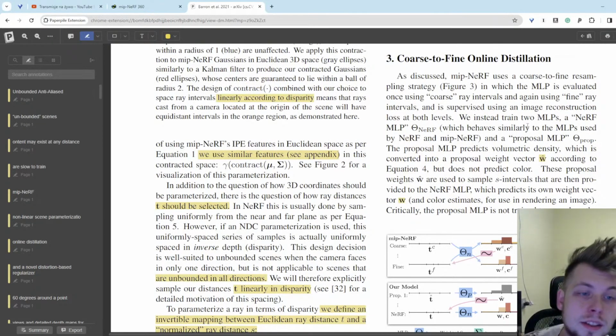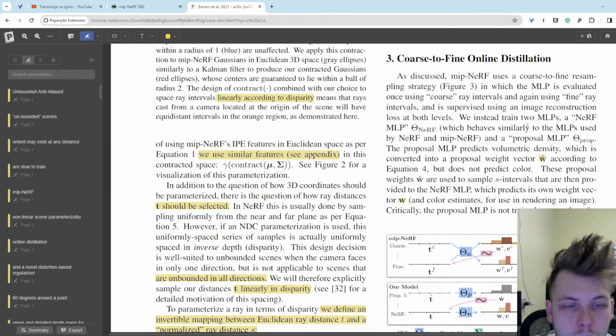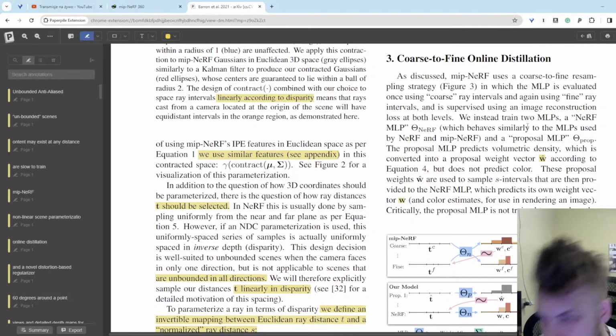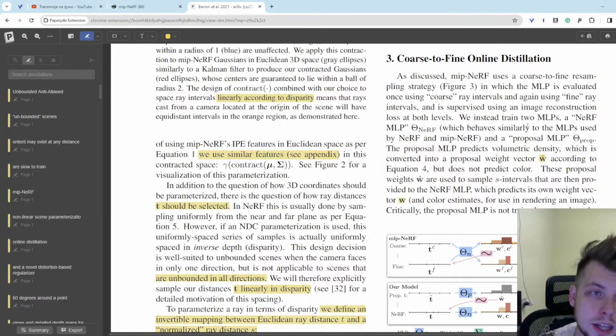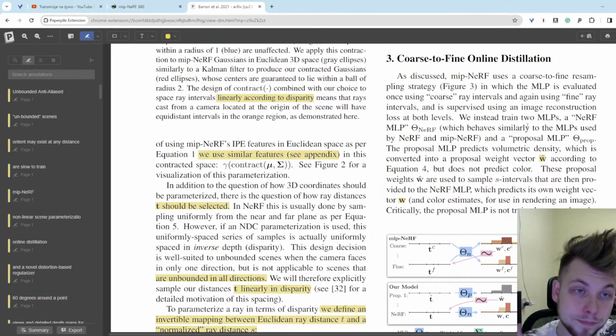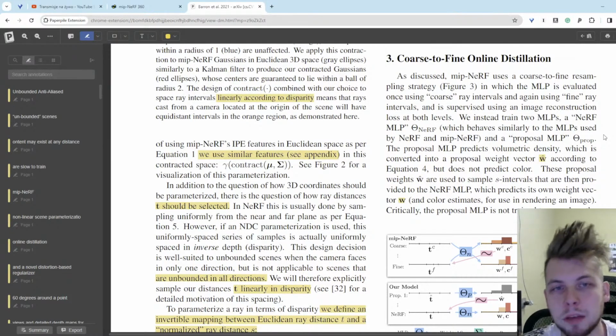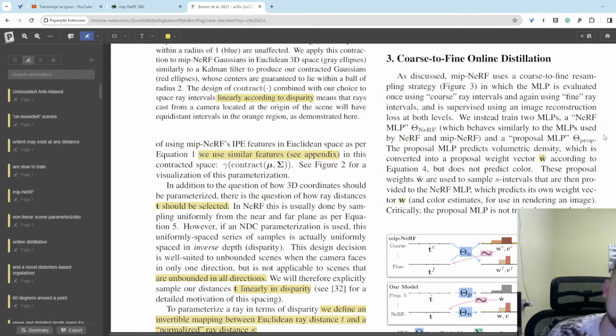So the idea is, instead of having one big MLP that you evaluate 2 times, first in uniform fashion and then resampling on it, they have a much smaller MLP, about 8 times smaller, that is going to only produce the densities that align with the final big MLP that is going to produce the vision reconstruction.